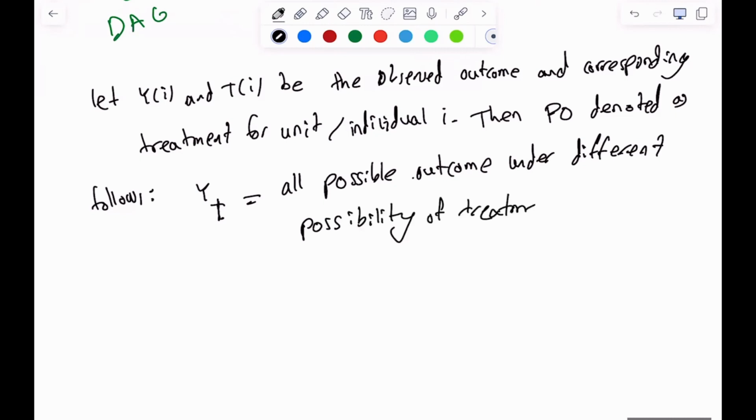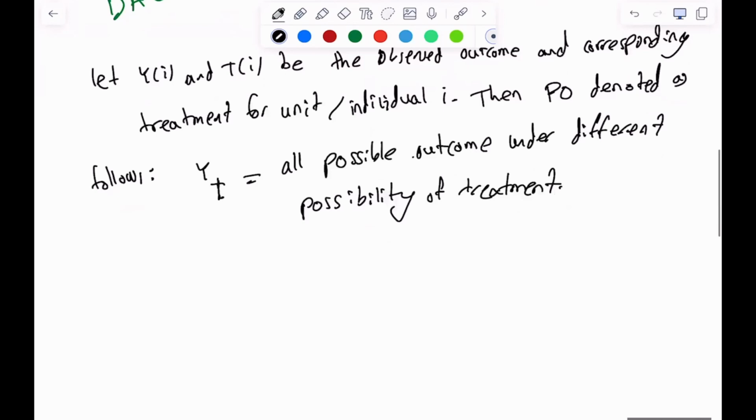That's what potential outcome is. It says that if I try different treatments, what are all the possible outcomes that I can get under all the different possible treatments? That's it.